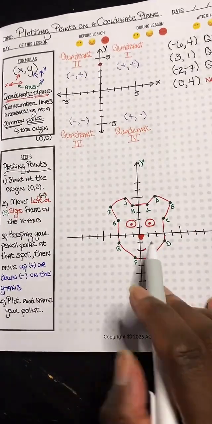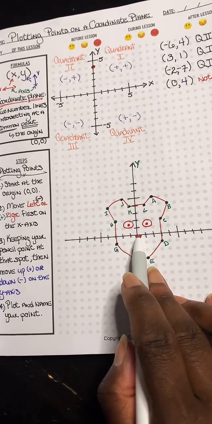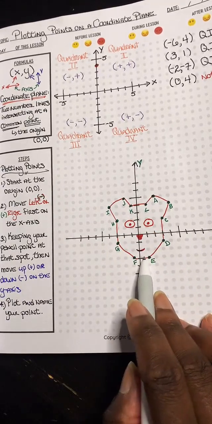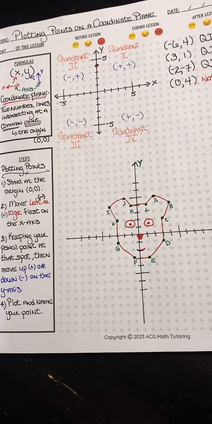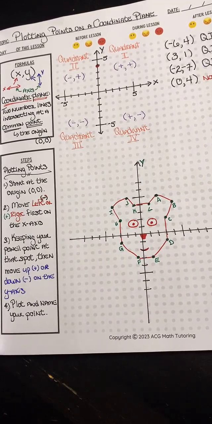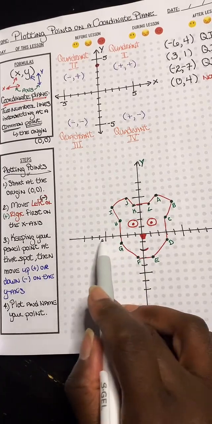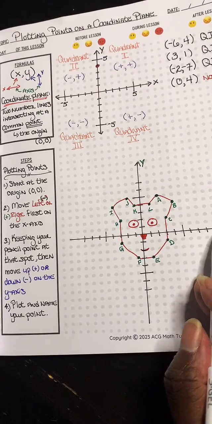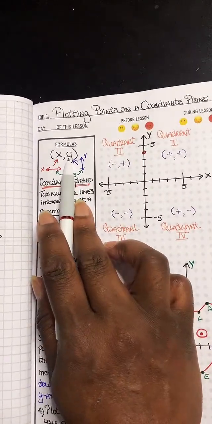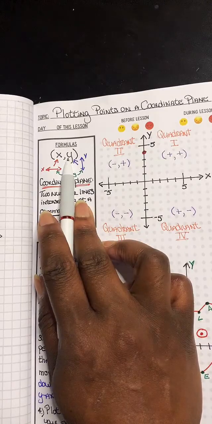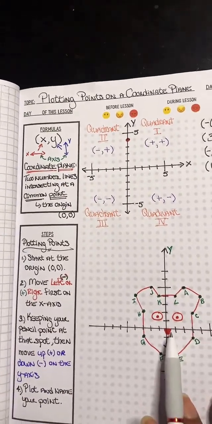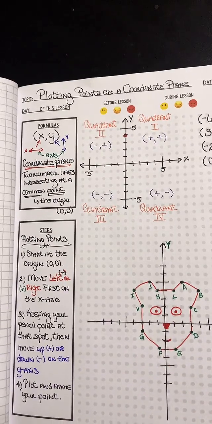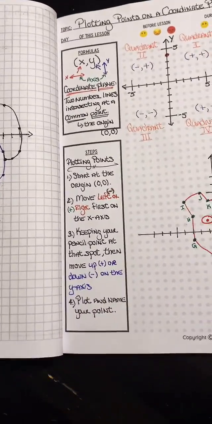So you're starting at the origin, you're either going left or right, and then you're going up or down. Your X values are telling you where to go for the left and right. If it's negative, you go to the left. If it's positive, you go to the right. And then your Y values, which is the second coordinate, that's telling you up or down. If it's positive, you go up. If it's negative, you go down. So we're just basically plotting.